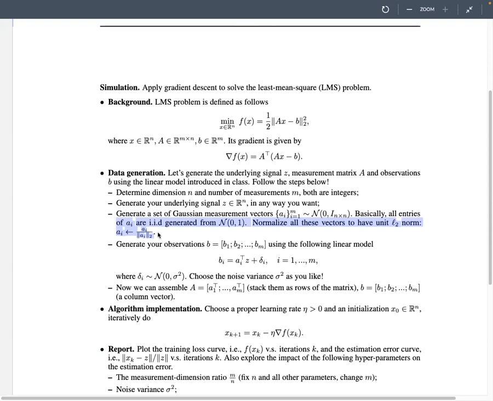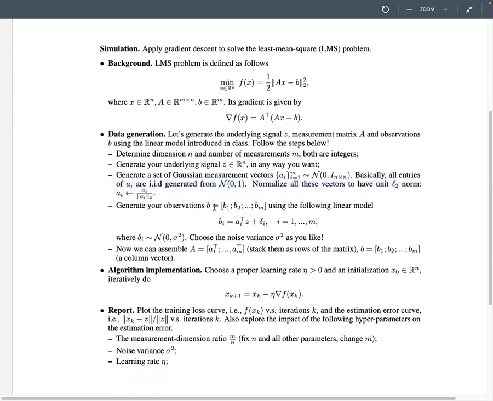And then you will generate this vector B. Vector B is called your observations. This is generated using the following linear model. b_i is the ith observation, generated by a_i transpose z. So I'm using the ith measurement vector to interact with my underlying signal z.